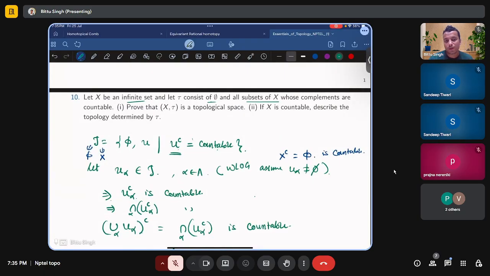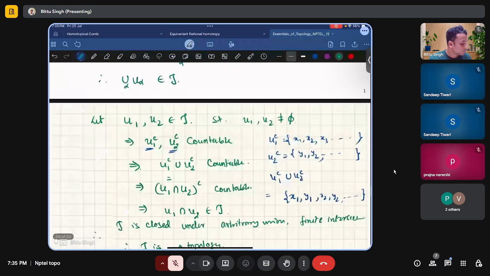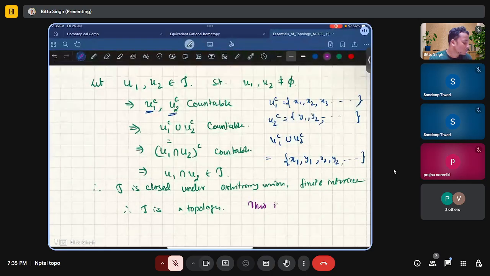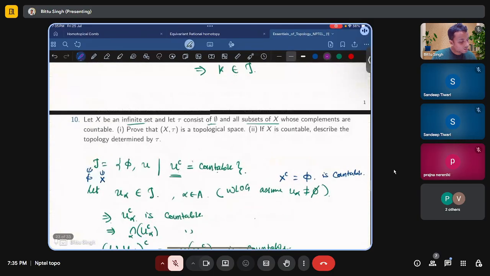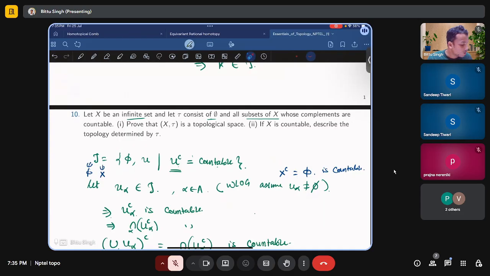We are putting the word co because we are taking complement. So this is called co-countable topology. Similarly, you can just replace the word countable by finite, and you can check that also forms a topology.